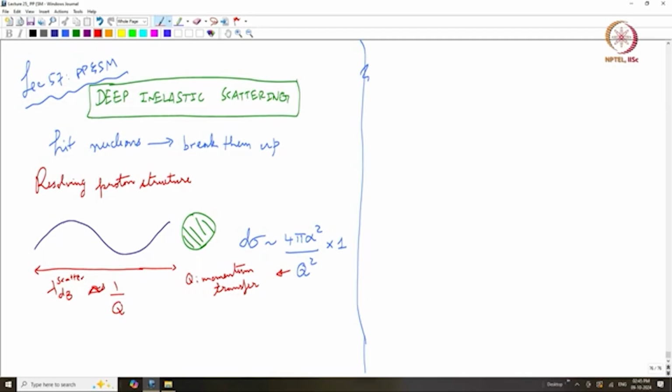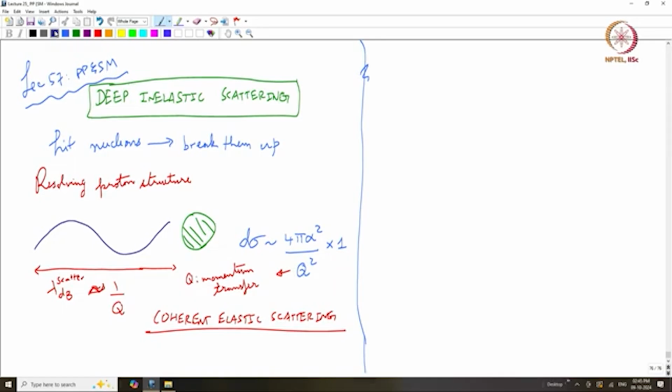So this is a case where I would just call it coherent elastic scattering. Why elastic? Since it is a point particle, scattering does not do anything to it, the kinetic energy is conserved, okay, good.